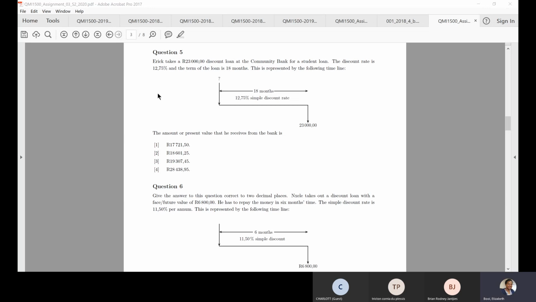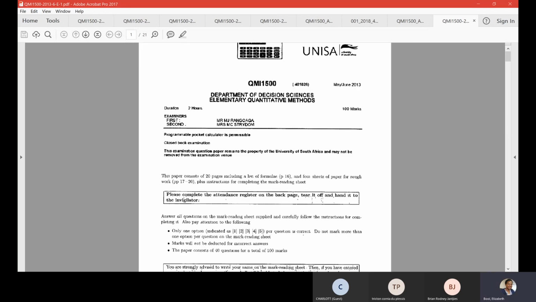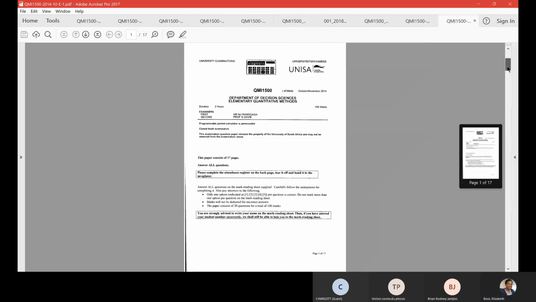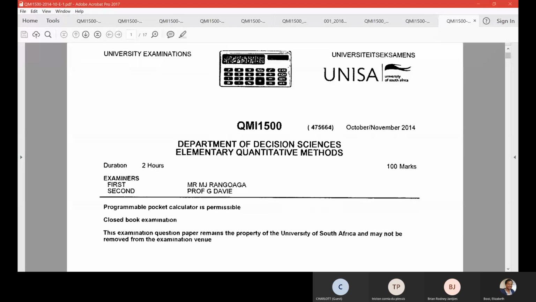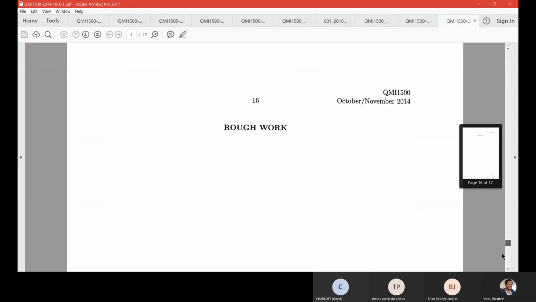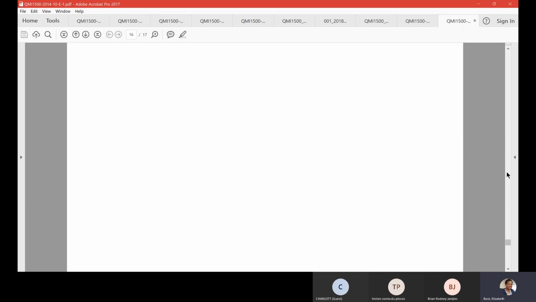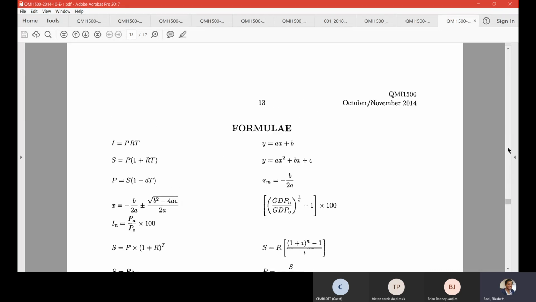Unless in my folder. I have 2013 and 2014. You can look at that. I think one of them we did use in class when we were dealing with time value of your money.